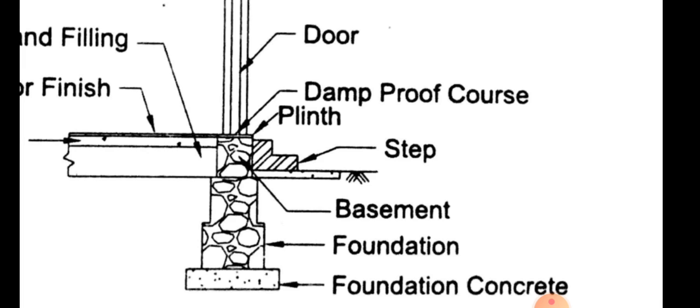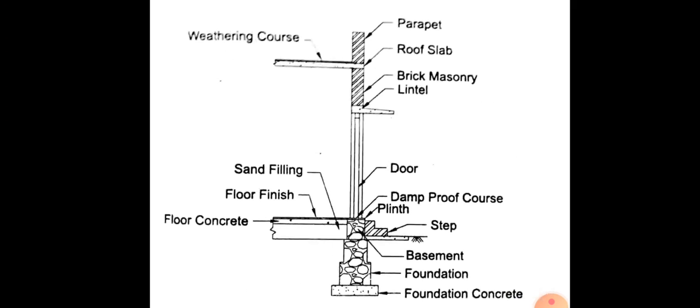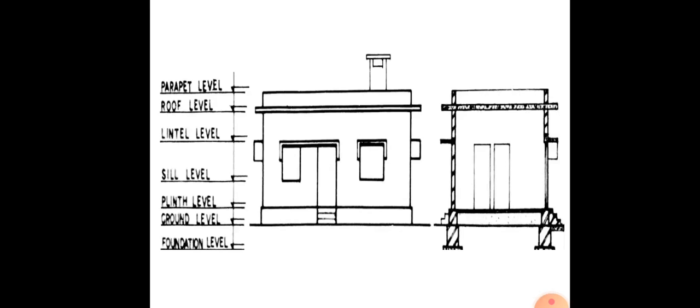So plinth and basement are almost the same, and the minimum height of the plinth is usually kept at 45 centimeters. It may vary, but usually we provide a minimum height of 45 centimeters for the plinth. The main functions of the plinth are that it transmits the load from the superstructure to the substructure.